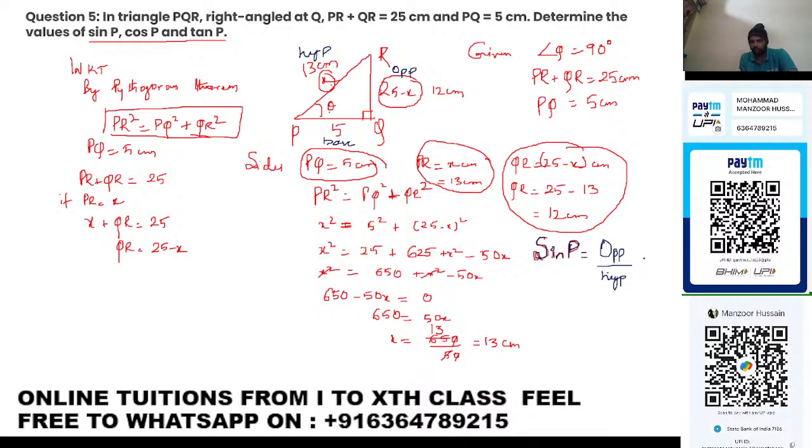Therefore, sine P is 12 by 13, whereas cos P is equal to base by hypotenuse, which gives 5 by 13, and tan P is equal to opposite by base, which gives 12 by 5.